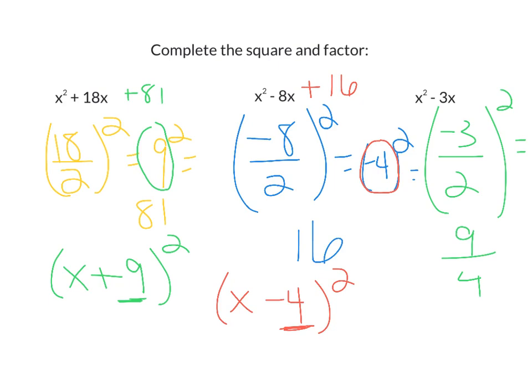So that means that I have to add 9/4 to my binomial. Now when I factor it, it's going to be (x - 3/2) squared. Remember again, this 3 over 2 that we get in our perfect square binomial is the same as the 3 over 2 that we had up here.